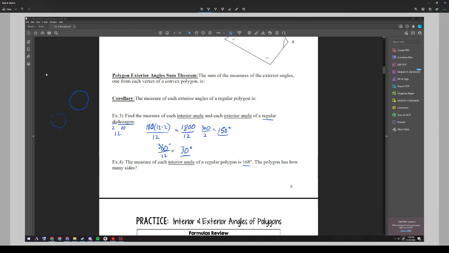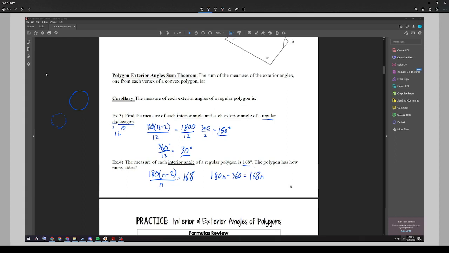So we're going to set up 180 times n minus 2 divided by n equals 168 degrees. And then I would just go about solving that like normally, so I would distribute and multiply that over, so 180n minus 360 equals 168n.